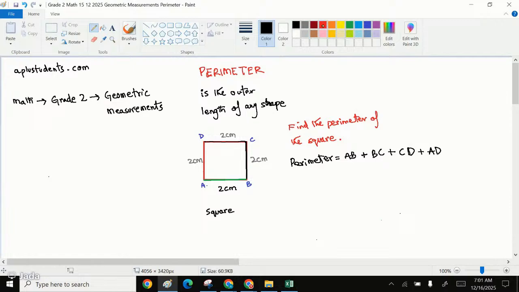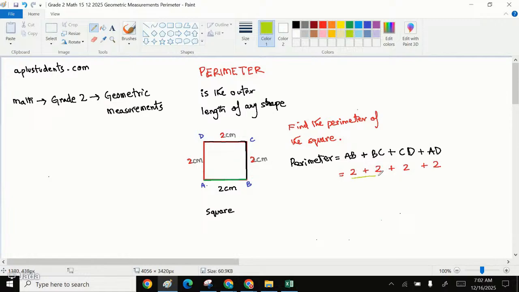Okay. So now we need to find the value. What is the value of AB? That was 2 centimeter. What was the length of BC? That was 2 centimeter again, because it's a square. CD was 2 centimeters, right? So beneath CD, we write 2 centimeters. And AD is also 2 centimeter. So what is 2 plus 2 plus 2 plus 2? 2 plus 2 is 4.